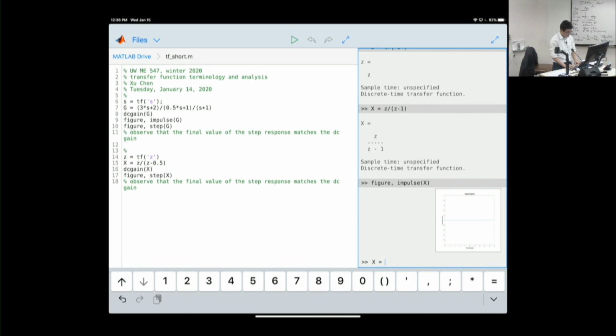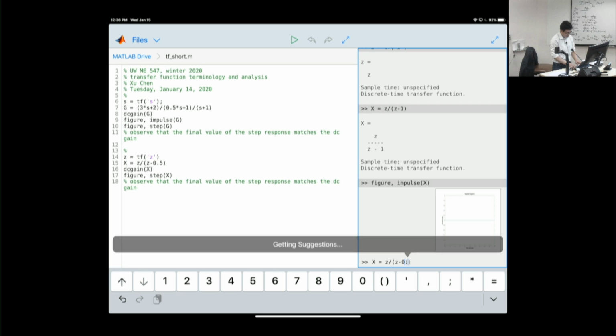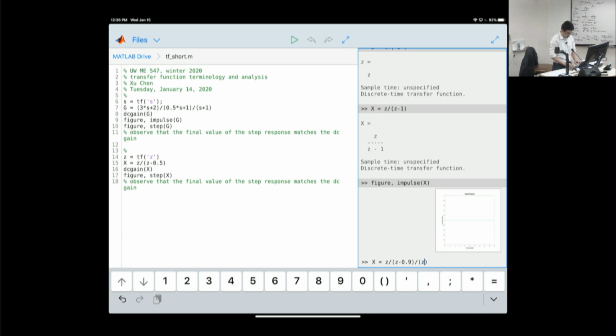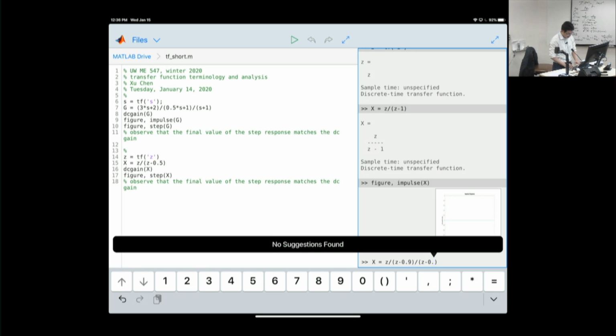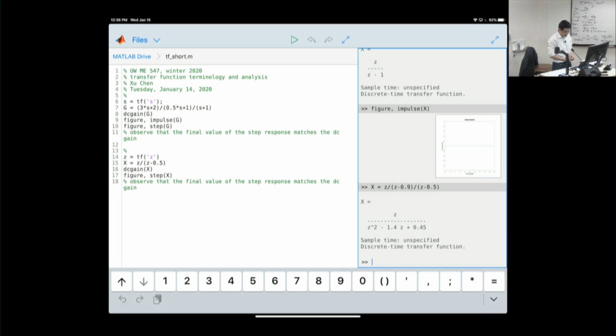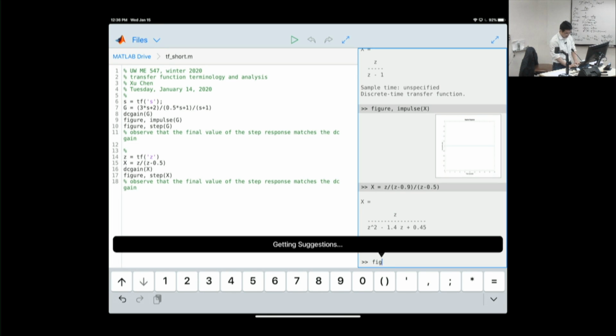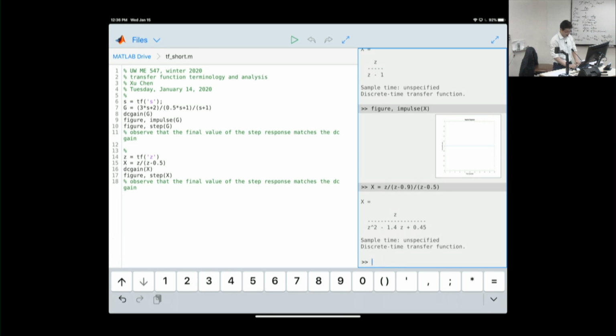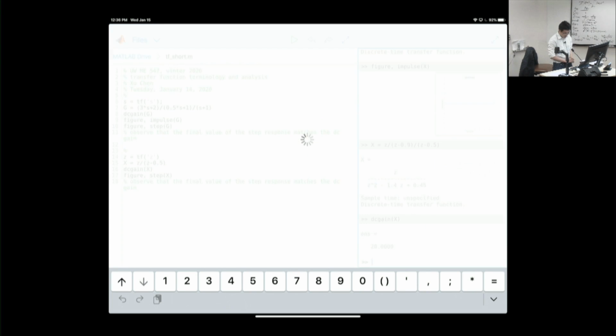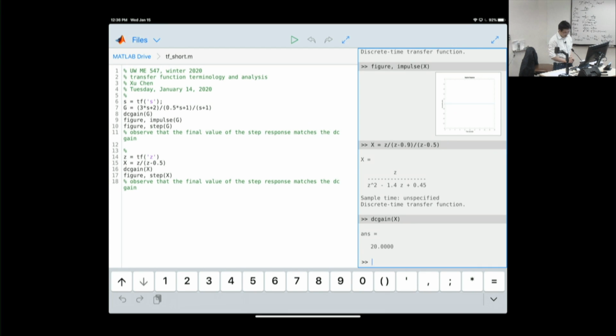So let's do this, z minus 0.9 over 0.5. So this is a transfer function in z domain. Let's do the DC gain first. DC gain of x is, when z equals 1, 20.